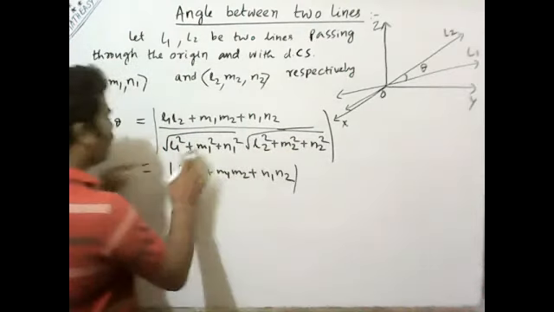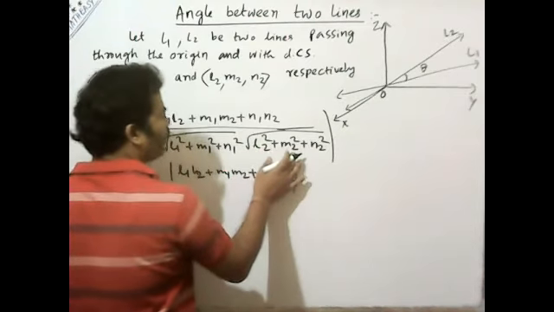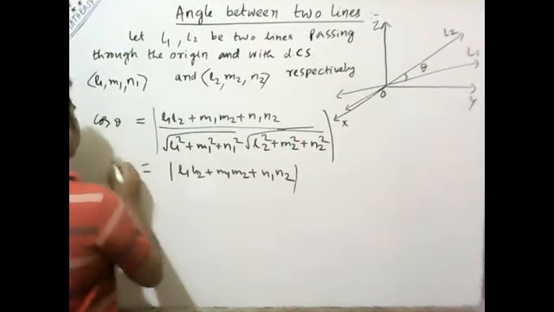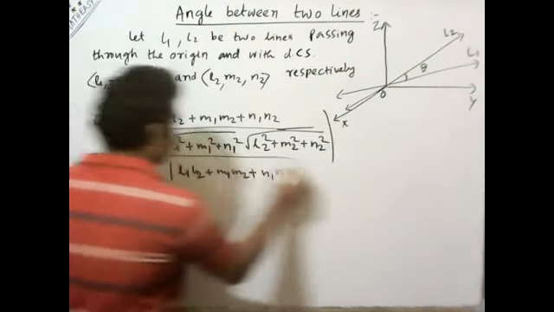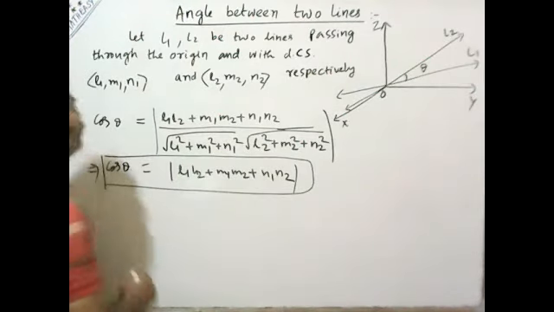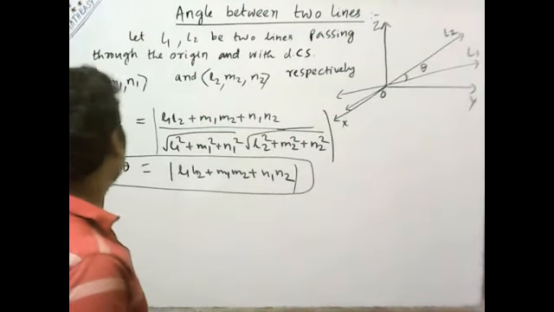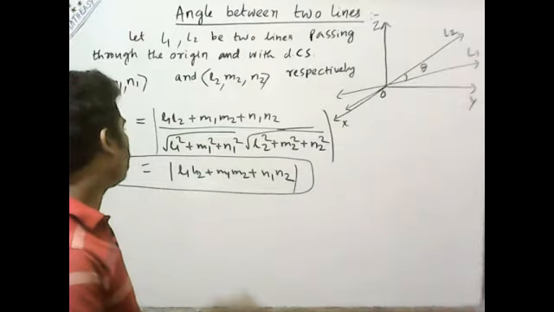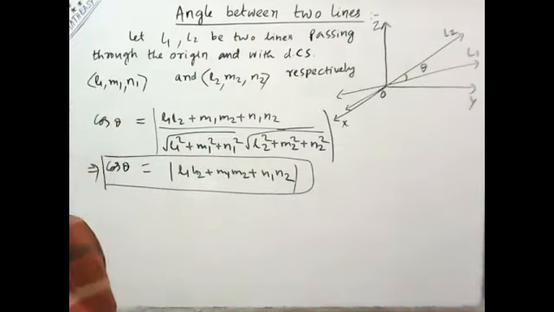So L1 square plus M1 square plus N1 square is 1, and L2 square plus M2 square plus N2 square is 1. The remaining is the cos theta value. If direction cosines are given, then the angle between two lines is cos theta equal to L1 L2 plus M1 M2 plus N1 N2. That is the result.